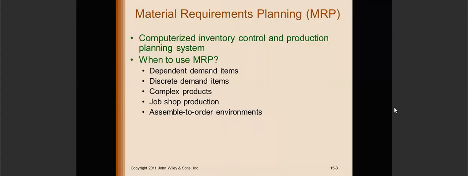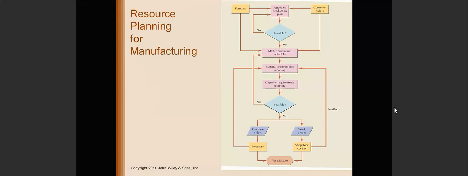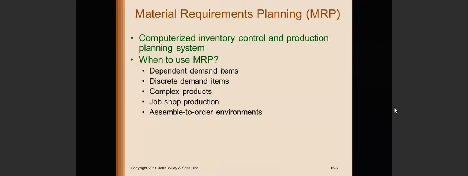So that is overall how we do the planning for the production process in an organization. So, material requirement planning. What is the material requirement planning? Material requirement planning is a computerized inventory control and production planning system.